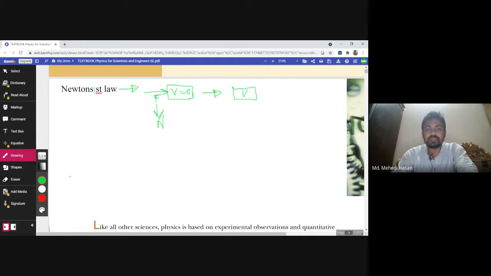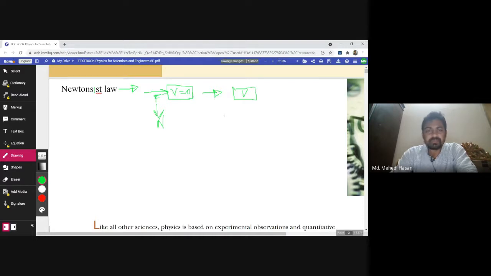So if we apply force, that means we try to stop the object, then the object will stop. But if there is a motion, then the object will try to remain in motion throughout the path. Mathematically, inertia is the amount of mass.